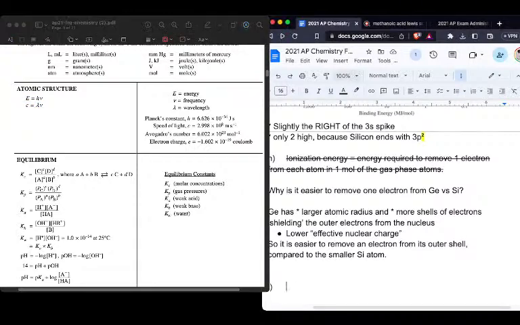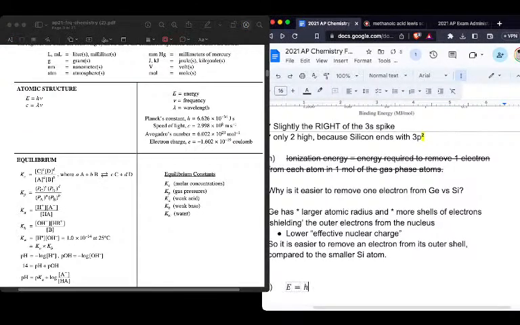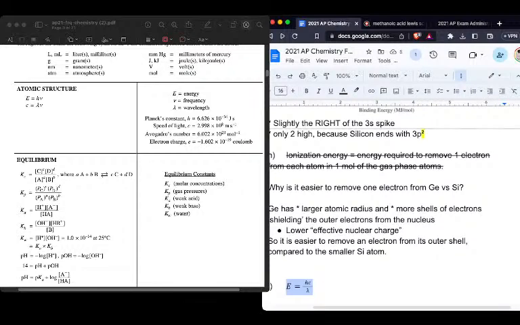So, insert equation. E equals h nu. Which, by the way, means, do I have to derive this for you? No, I don't. E equals hc over lambda. You can convert wavelength to energy straight up with this equation.